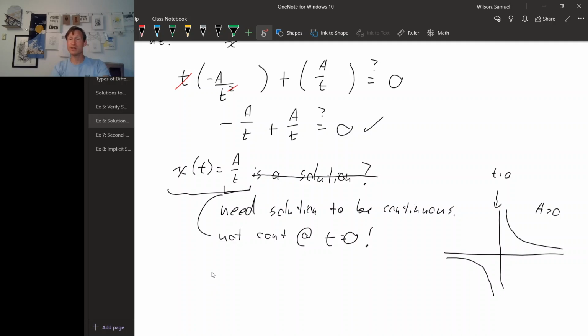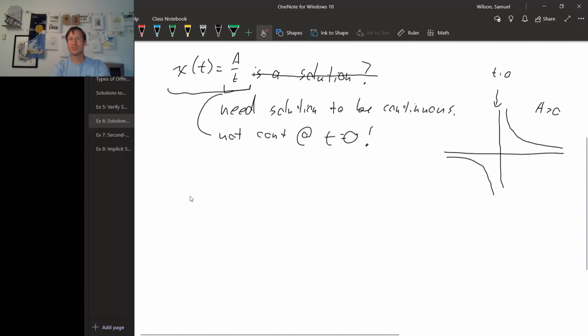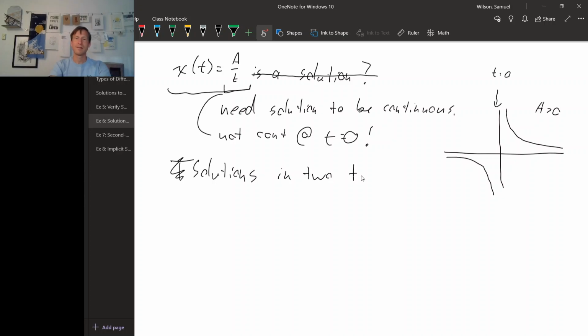So we actually can't use this entire function as a solution to the differential equation. The best we can do is keep only one continuous piece of this function. So we have two flavors of functions for this differential equation. Our solutions come in two types. Since we need a continuous piece, we could choose the part on the right or the continuous part on the left.